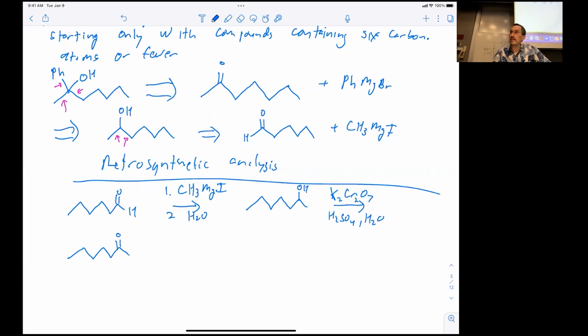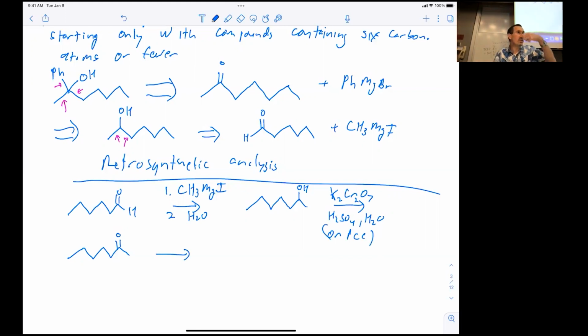Another chromium-6 oxidizing agent that you learned about in your textbook was PCC, pyridinium chlorochromate, which is a protonated pyridine with a CrO3Cl- anion. It's another chromium-6 reagent. So I could write PCC, but I wouldn't need to or want to. That's another reasonable oxidizing agent.